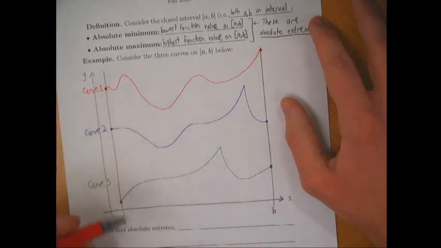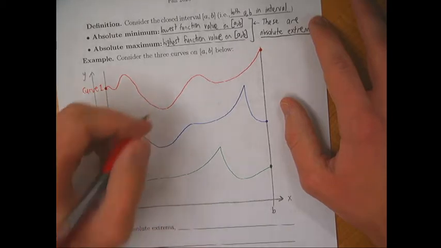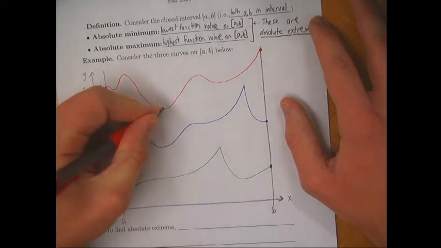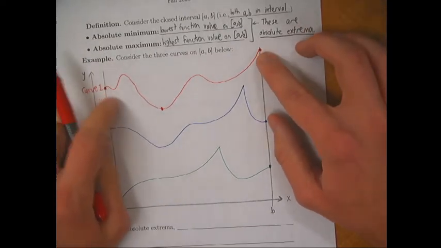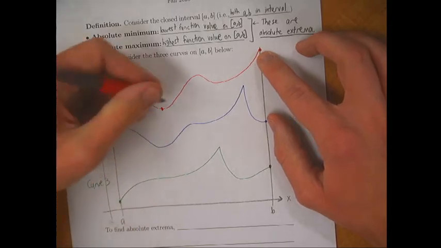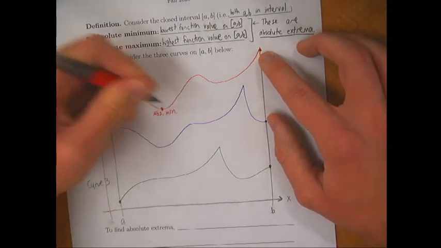What's the highest one? Down here we have basically the lowest function value on [a, b], so the absolute minimum is going to go right here.